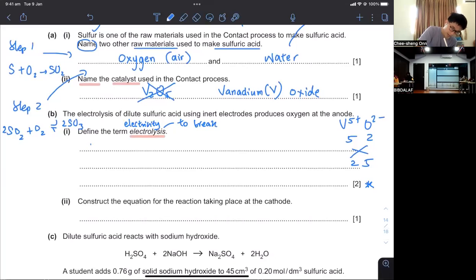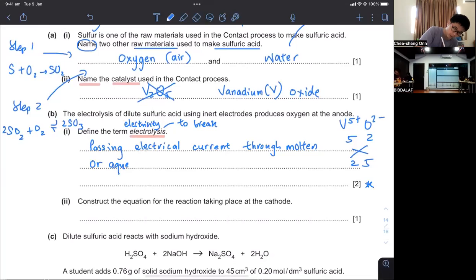So, passing electrical current through molten or aqueous ionic compound as your electrolyte. That is the electro bit, and then the lysis bit is to split.